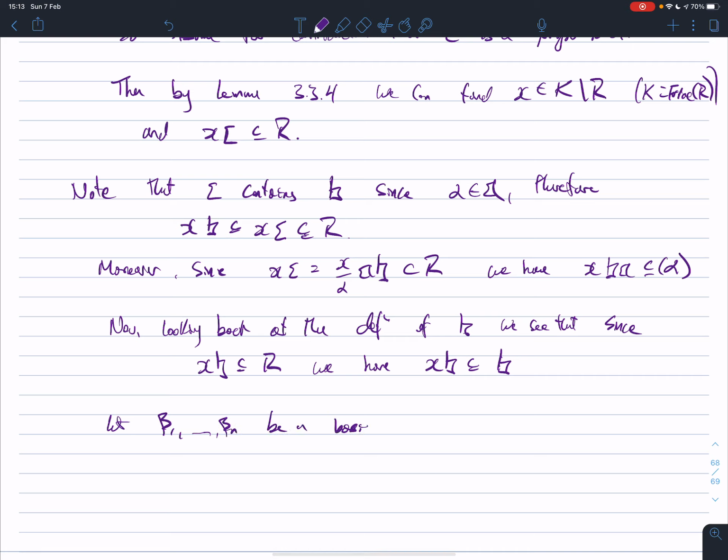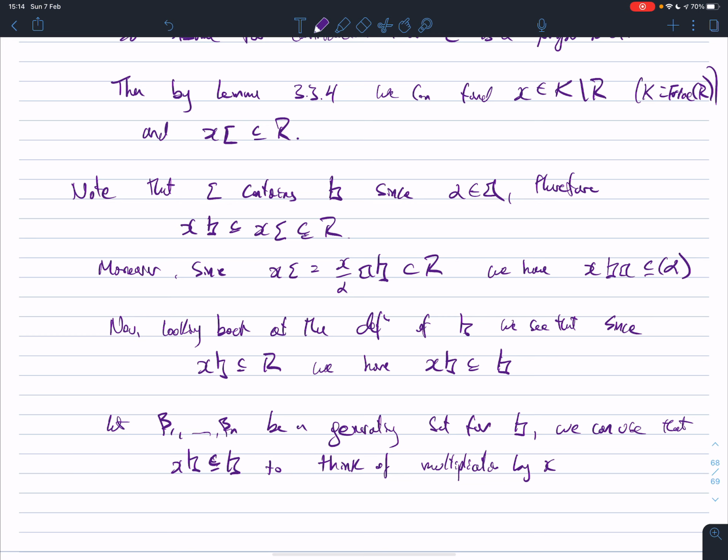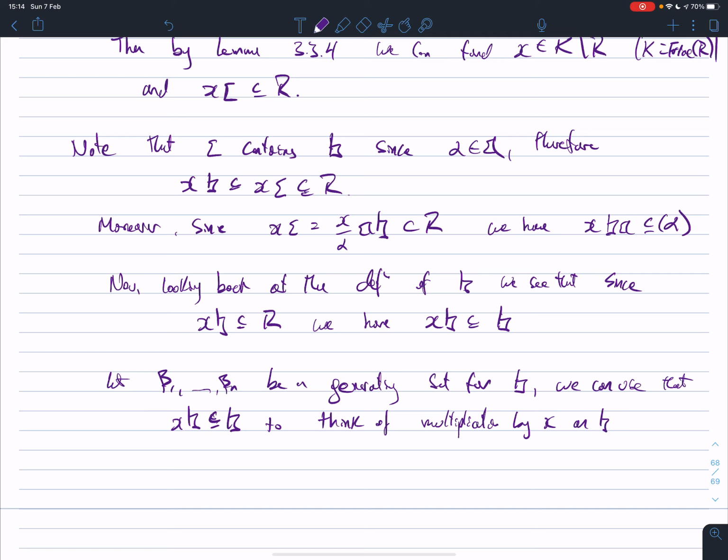B is an ideal, and it's finitely generated, so I can find a generating set for B. We can use that x times B is contained in B to think of multiplication by x on B as a matrix. I'm going to call it A_x.